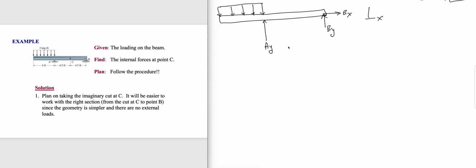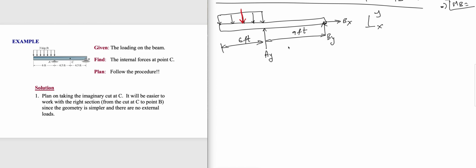No, the free body is not complete because I did not give you the distances. That is 9 feet. This is 6 feet. That means given is a distributed loading, and I'll represent the distributed loading with one single force, and that would be how much? Kilopound per feet.